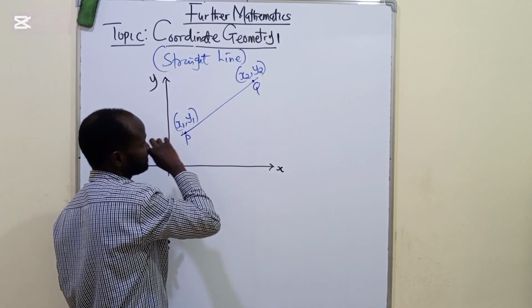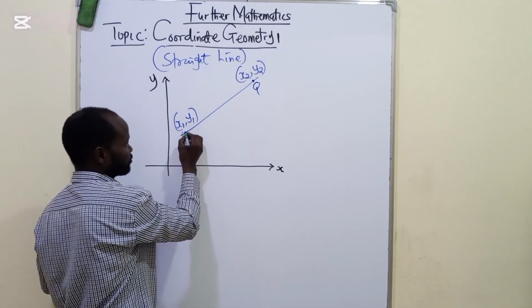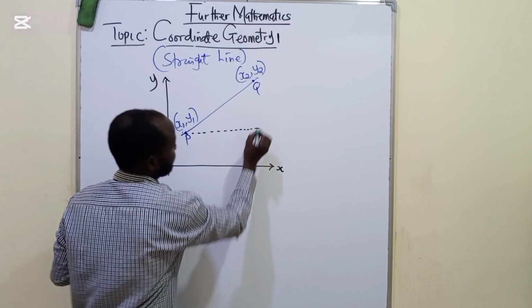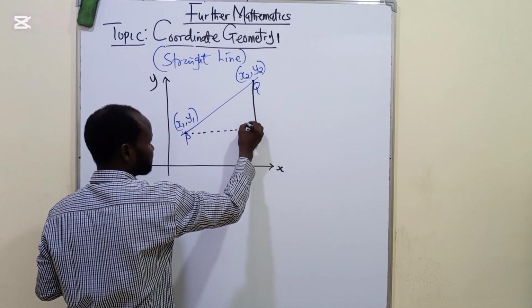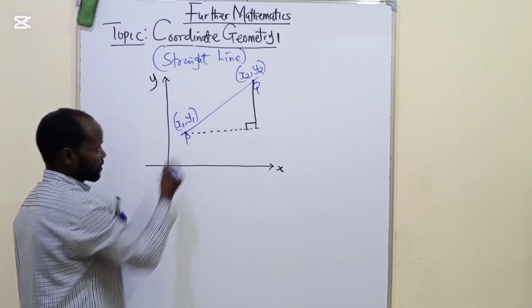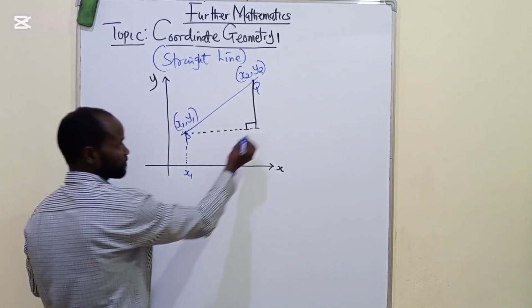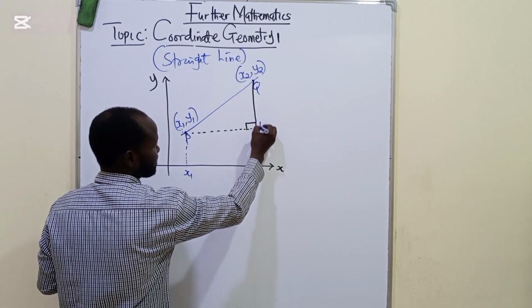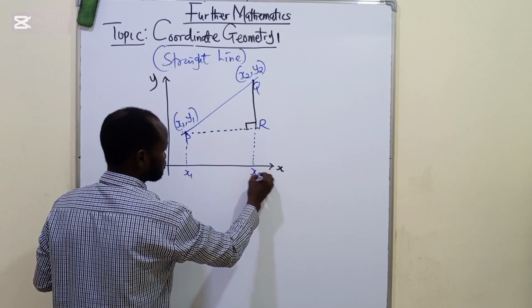To find the distance between these points, or this line PQ, which is also known as the length, let's look at this. If we draw another line here and another line here, we'll have a right angle triangle. Suppose we extend this down here, this will be our x1. If we extend, let me put R here, if we extend this down, this will be our x2.